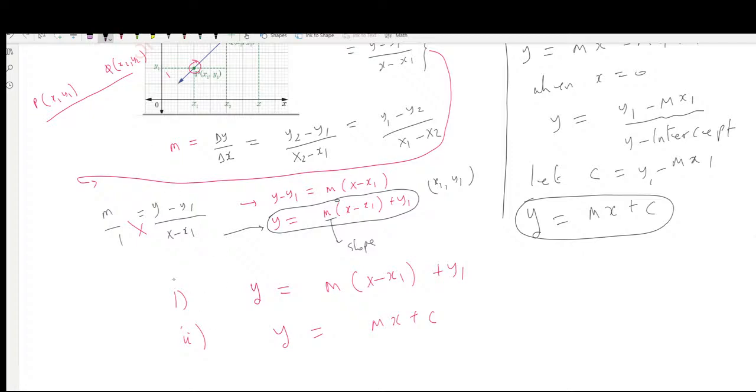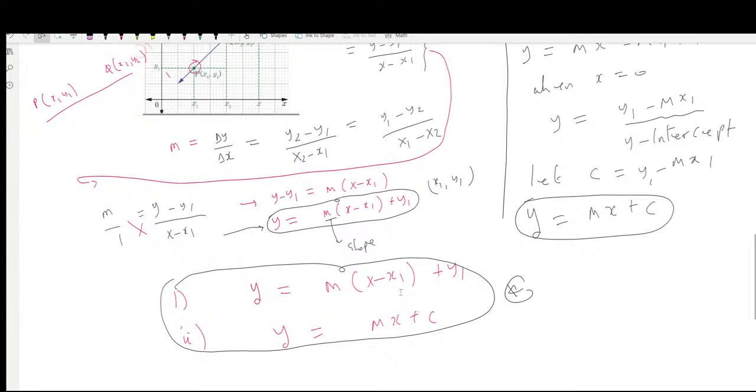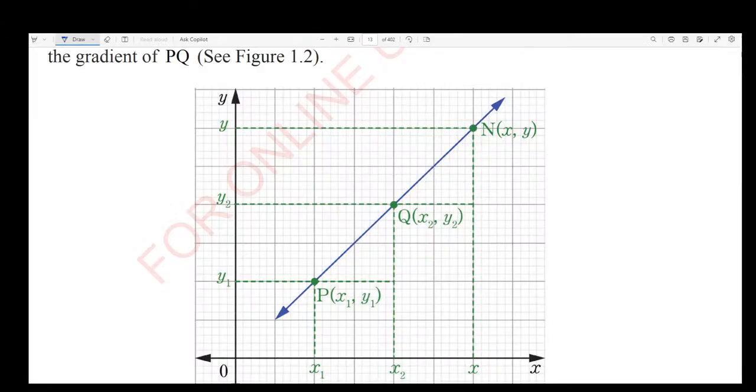Both of these are equations of a straight line, and with these equations, I'm sure you are in a position to do any question related to a straight line.